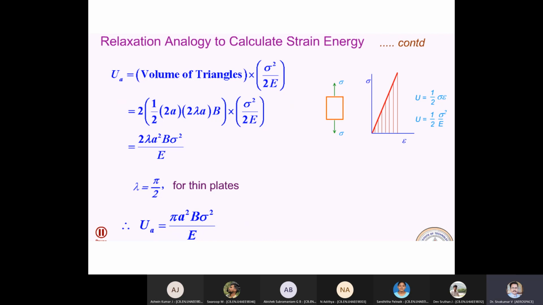So according to my previous figure, this is my crack, and this is the region where the energy got consumed by this new cracking surface. So this is lambda times 2a. This length is the crack length 2a, on two sides.